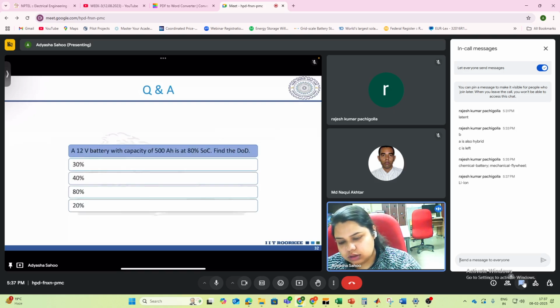Then next question is a 12-volt battery with capacity of 500 ampere hour is at 80% SOC. Find the DOD, depth of discharge.